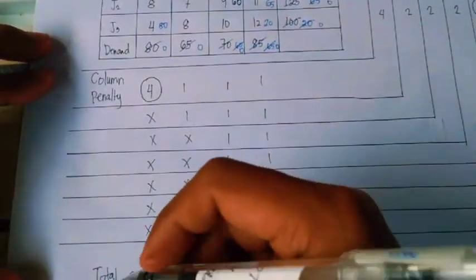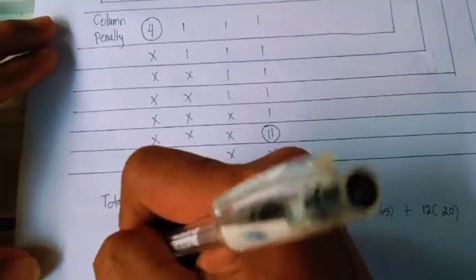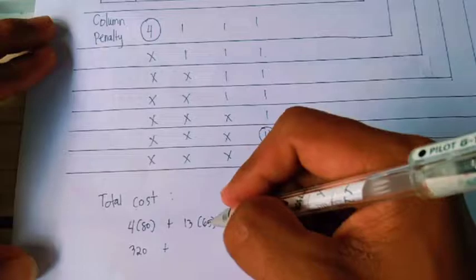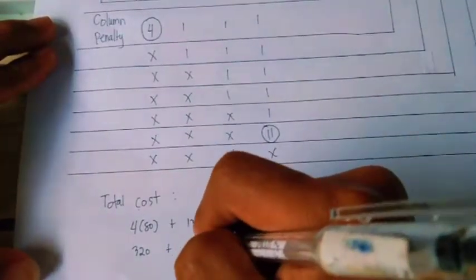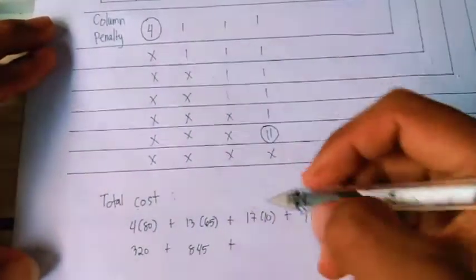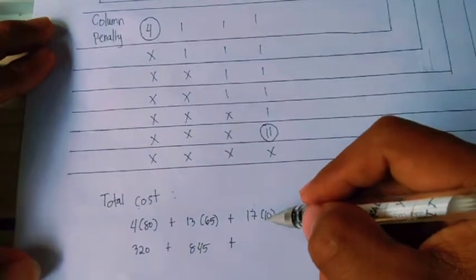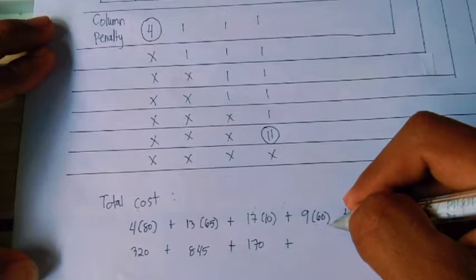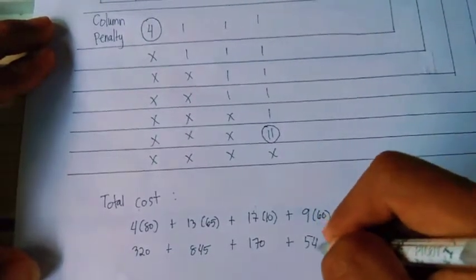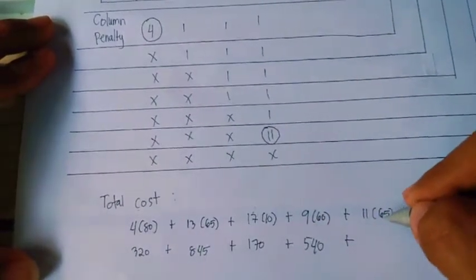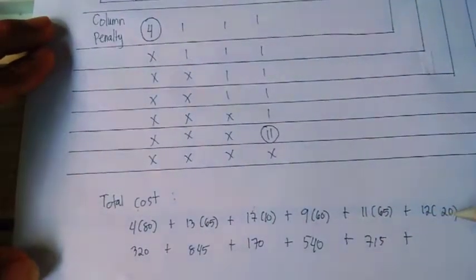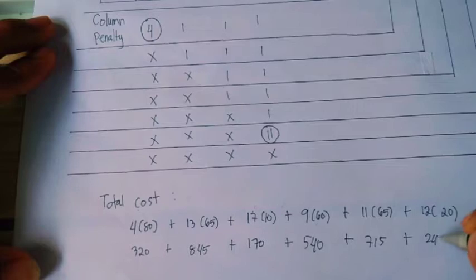So 4 times 80 is equal to 320, plus 13 times 65 is 845, plus 17 times 10 is equal to 170, plus 9 times 60 is equal to 540, plus 11 times 65 is 715, plus 12 times 20 is 240.